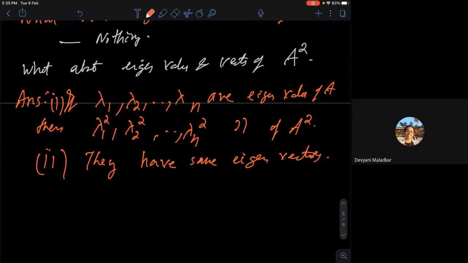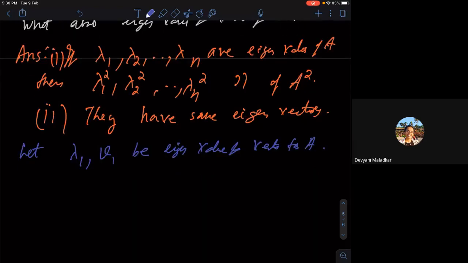Let's look at this. Let lambda 1 and v1 be an eigenvalue and vector for A. So this is something I know: lambda 1 is an eigenvalue for A, and v1 is its corresponding eigenvector.